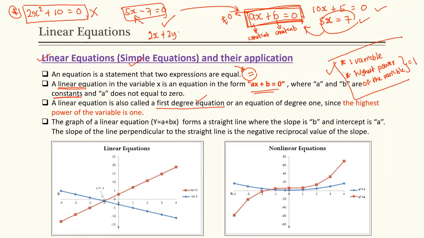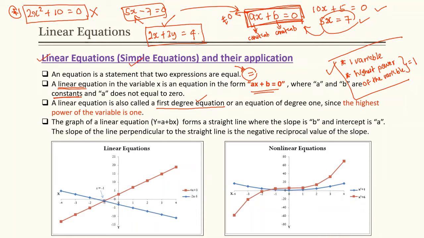What about this one then? 2x plus 3y equals 4. What can you say about this one? Yes, there is this equal sign, therefore this is an equation. But is this a simple equation? 2x plus 3y equals 4.